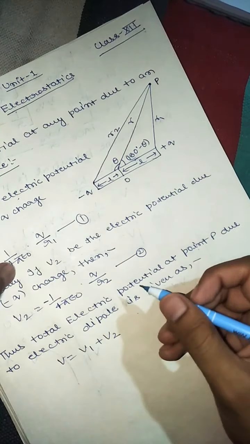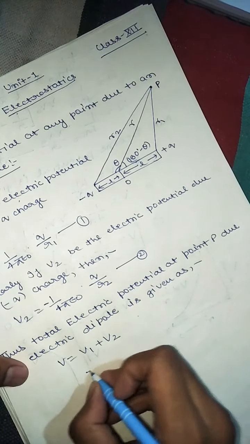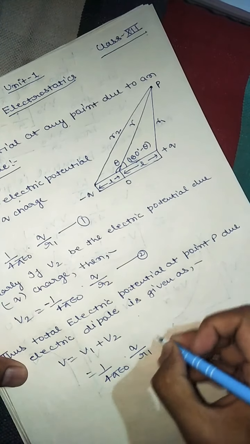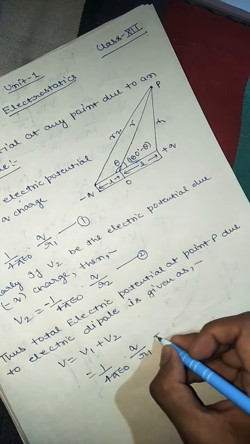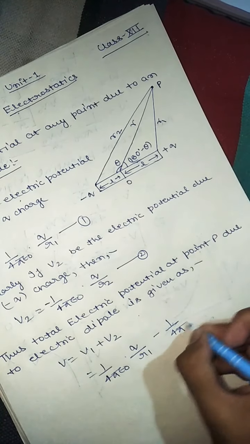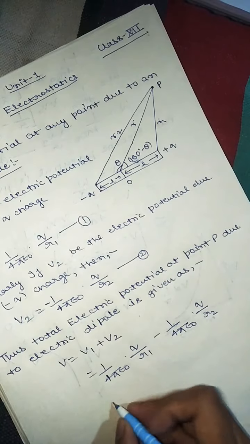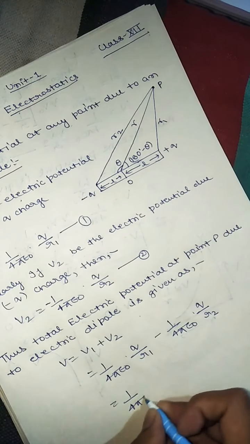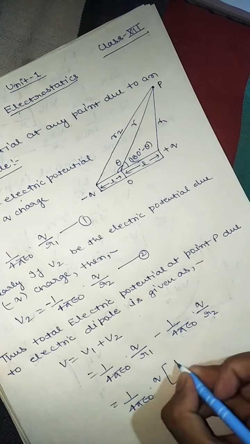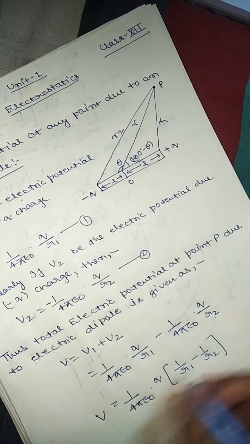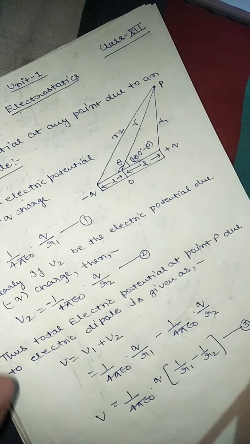We are putting the values of V1 and V2 from equations 1 and 2 here, that is 1 upon 4 pi epsilon naught q upon r1 plus minus 1 upon 4 pi epsilon naught q upon r2. As we can see, 1 upon 4 pi epsilon naught q is common, so here we get 1 upon r1 minus 1 upon r2. This is equation number 3.